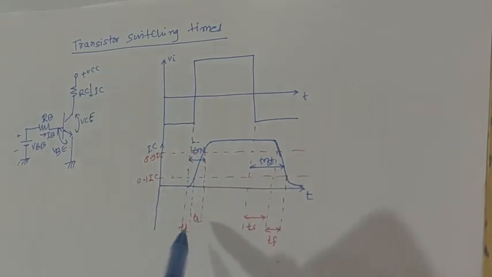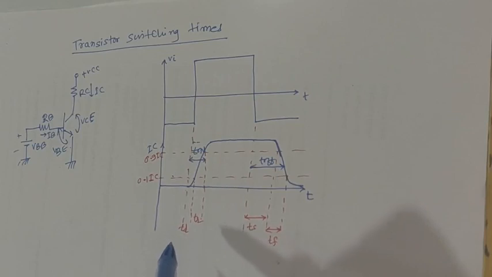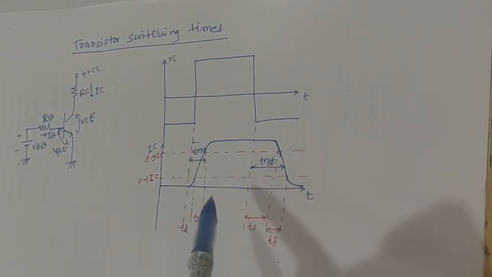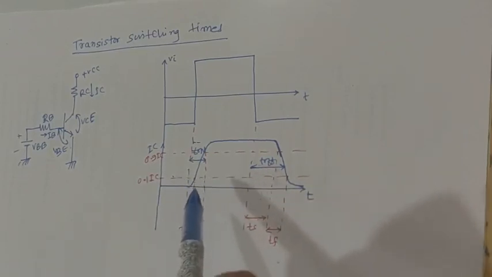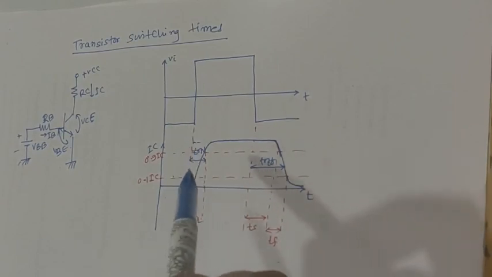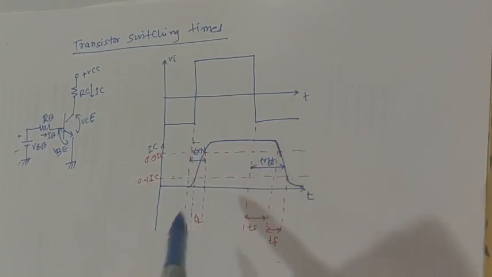It is represented by TD. So TD is the time required by the circuit to give the output after the application of input, plus the time required by the collector current to reach from 0% to 10% of its maximum value.